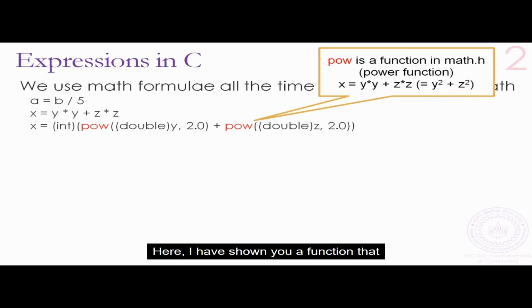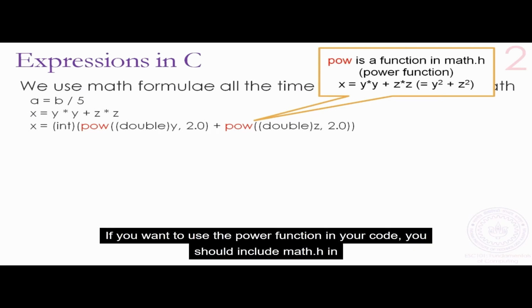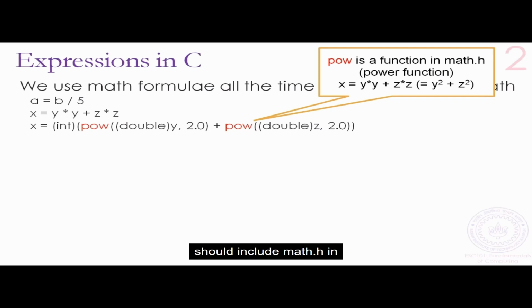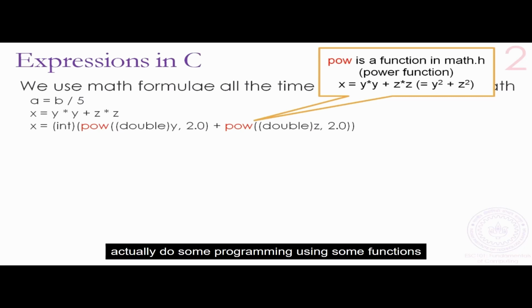Here I have shown you a function that belongs in a different library called math.h. If you want to use the power function in your code, you should include math.h in your header file also, in addition to stdio.h.